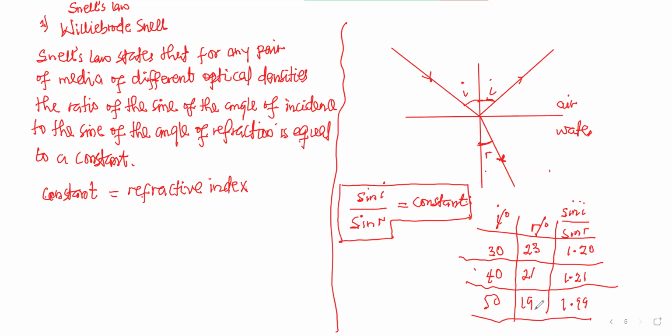As we took the ratio of sine i and sine r, we got a constant value of around 1.2. This constant value is 1.2. Constant means it's an unchanging value, the same. This 1.2 is the refractive index of the denser material here, which in this case is water.